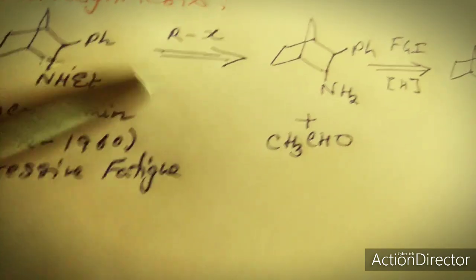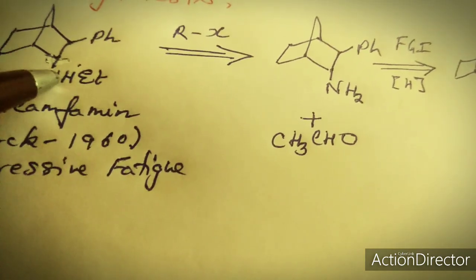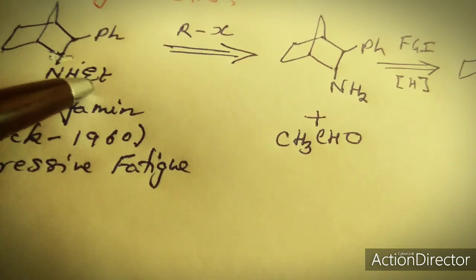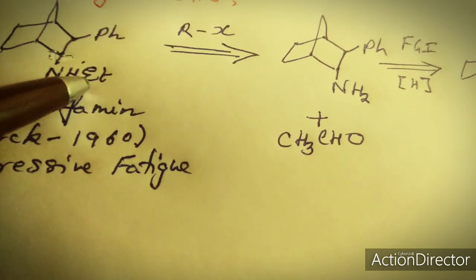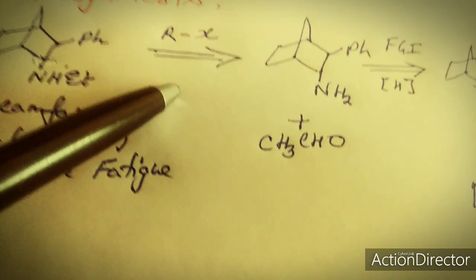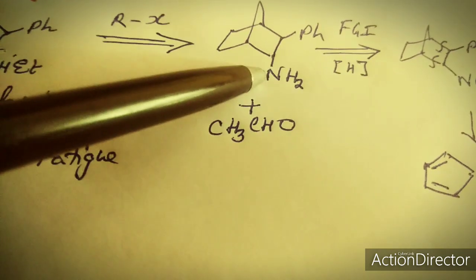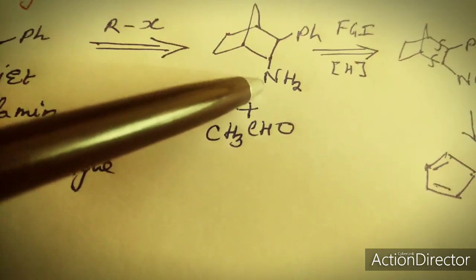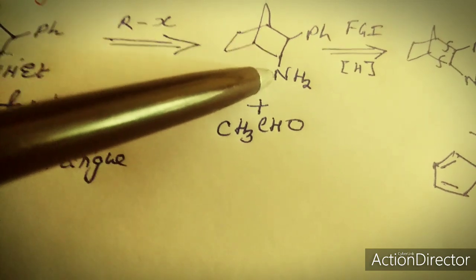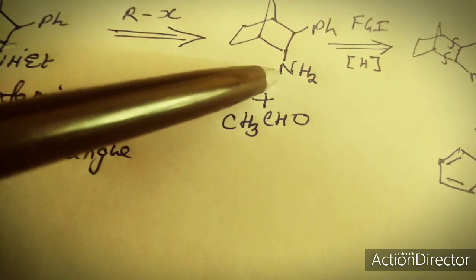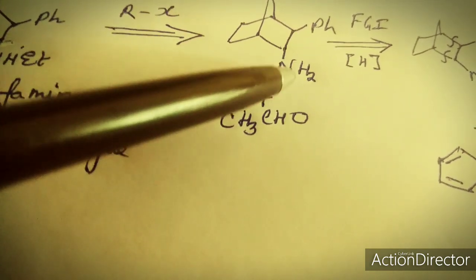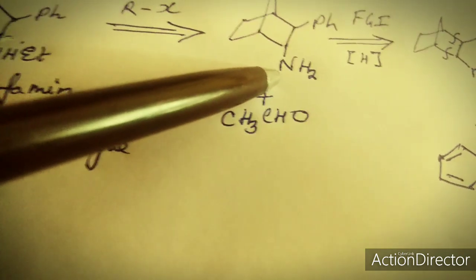So we write the C-X between the N and the CH2, this carbon CH2. C-X disconnection, this will lead to NH2, because N will be negative being a heteroatom, so H positive will stabilize it. So this will be NH2.